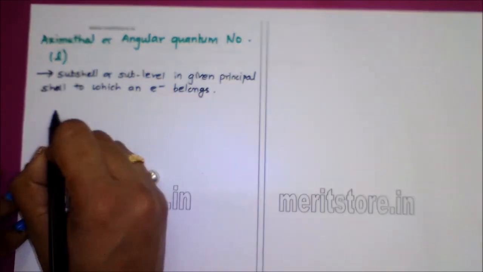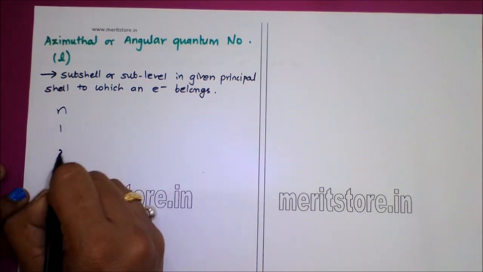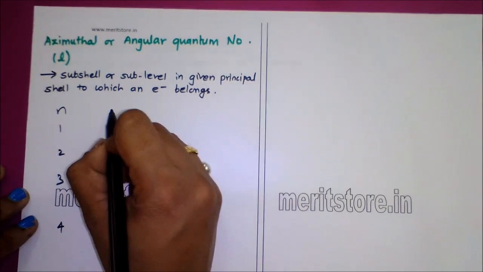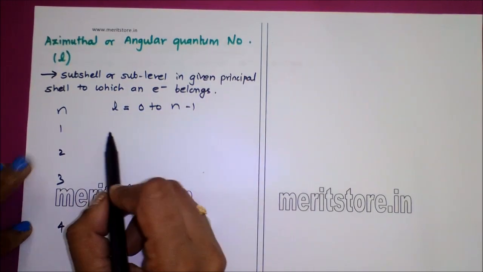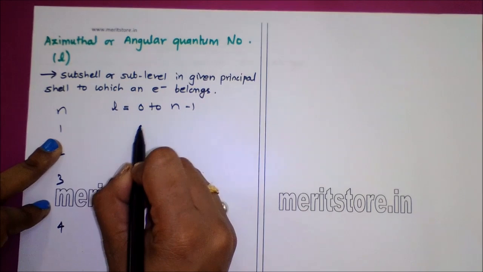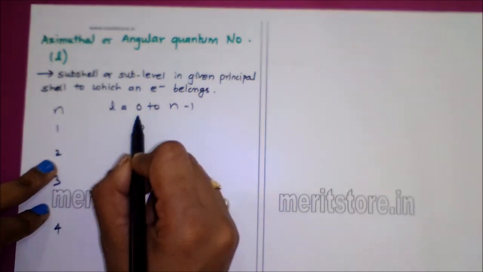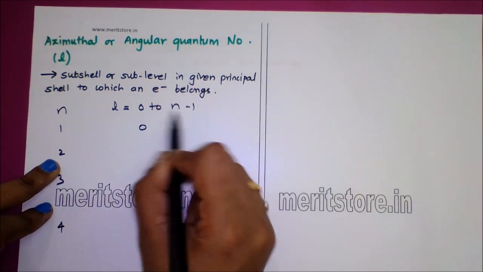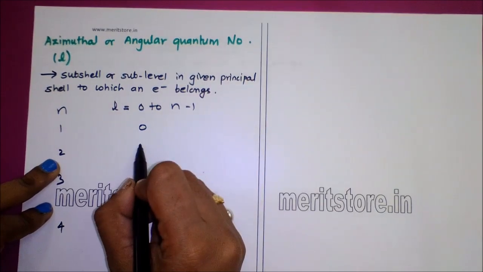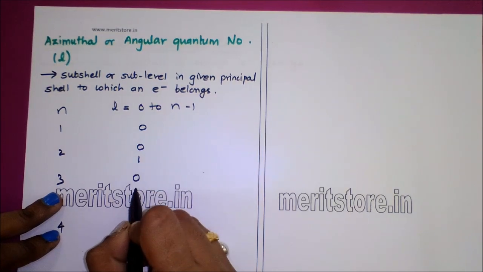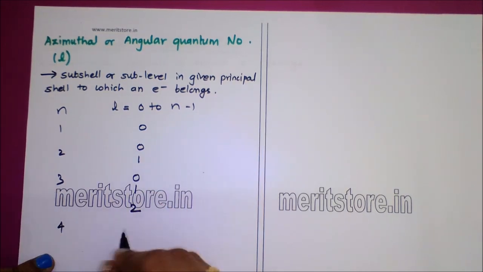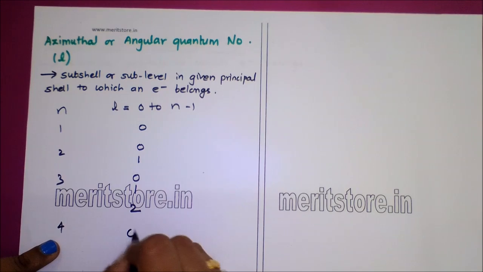For example, if I have different values of n, 1, 2, 3, 4, then l can have any value from 0 to n minus 1. So for the first, we have only one value, that is 0. For 2, since 2 minus 1 is 1, so 0 to 1, I can have two values, 0 and 1. For 3, I can have 0, 1, 2. In case of 4, we can have 0, 1, 2, 3.